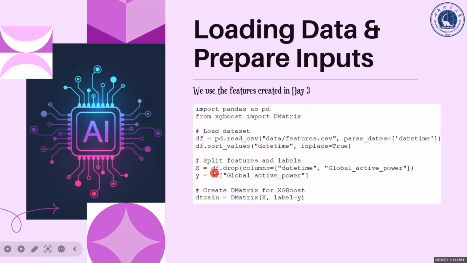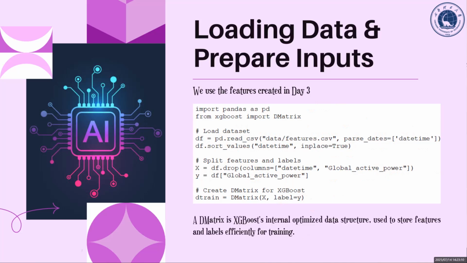With this, we are splitting the features and label, where we are dropping the column datetime and the global active power, where the global active power is our y, which we are calling here the target. Here we create the DMatrix for XGBoost. Now the question is, what is DMatrix? DMatrix is just the XGBoost internal optimized data structure, which we use to store features and labels efficiently for training.